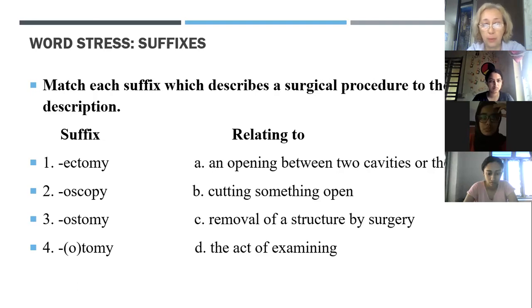Okay, lobotomy, yes. Okay, great. So these suffixes are widely used in medicine, and you can meet them very often.